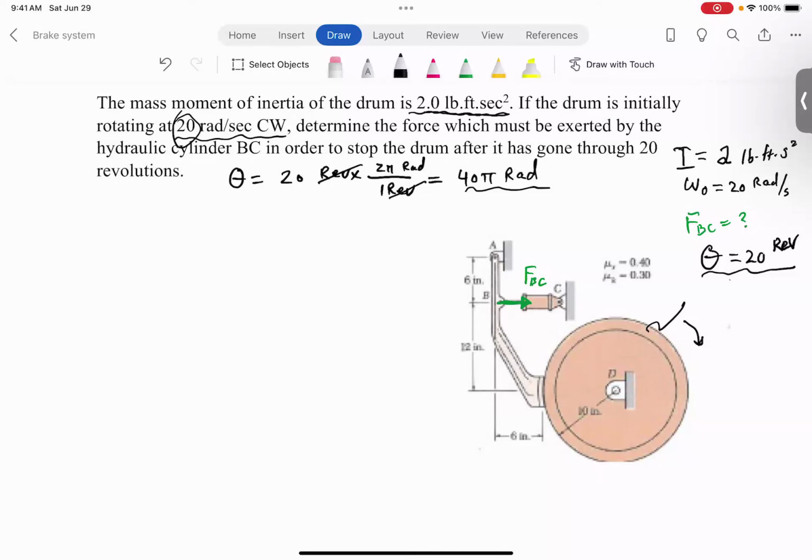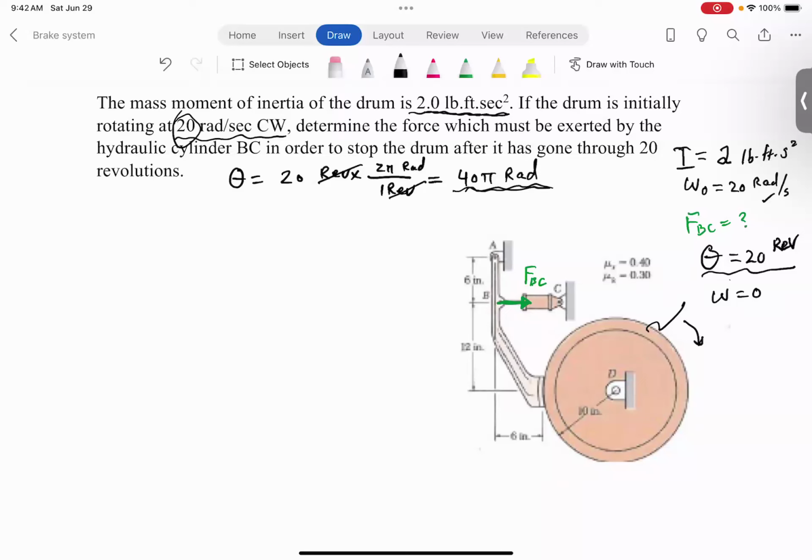All right, so this problem has 2 parts. One part is kinematics, for which, given the initial angular speed and the final angular speed being 0, you want it to come to rest, and you know the number of radians it is going to go through.